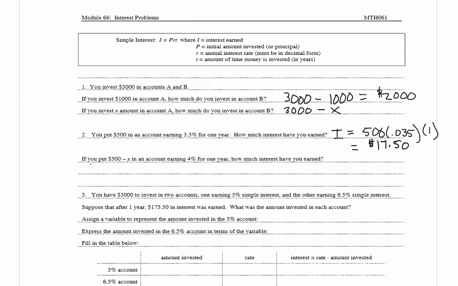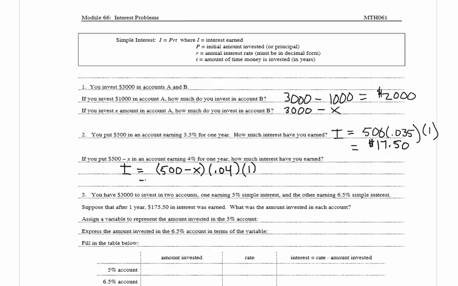And then it asks, if you put 500 minus X in an account earning 4% for 1 year, how much interest have you earned? So we're going to have I equal to principal, which is 500 minus X, and then our interest rate, which is 4% or 0.04, and then for 1 year, so times 1.